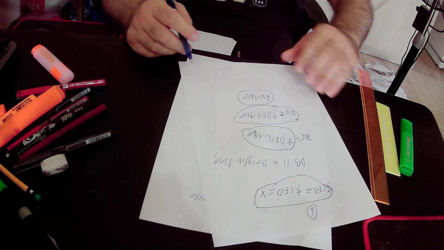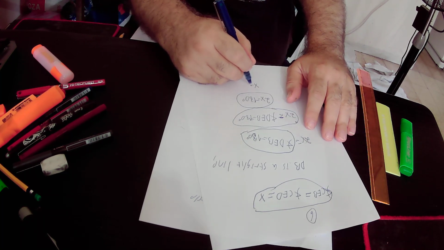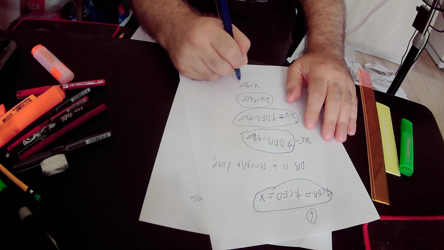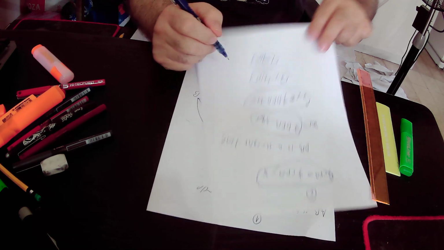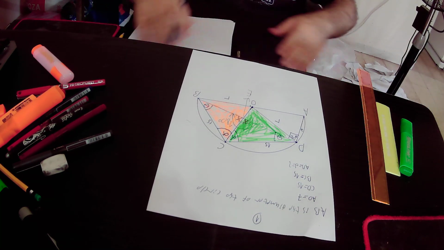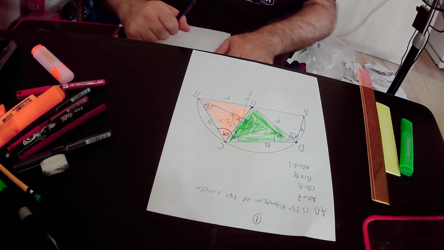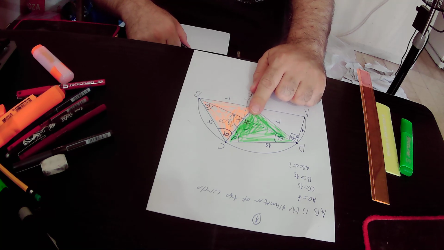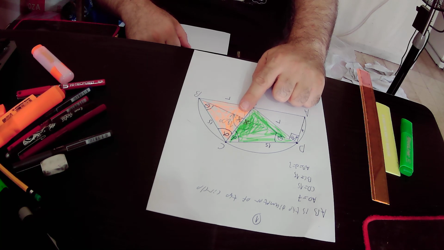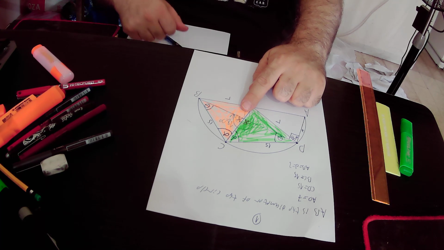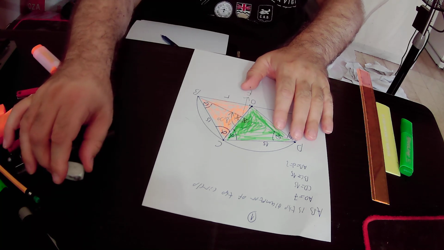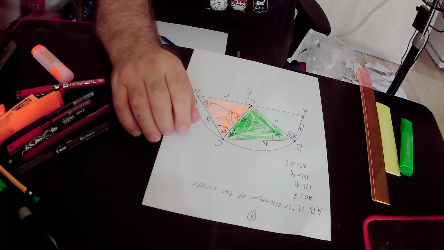Angle x equals 90 degrees. So here x is a right angle, and here also x is a right angle. So here we can substitute x by 90 degrees.